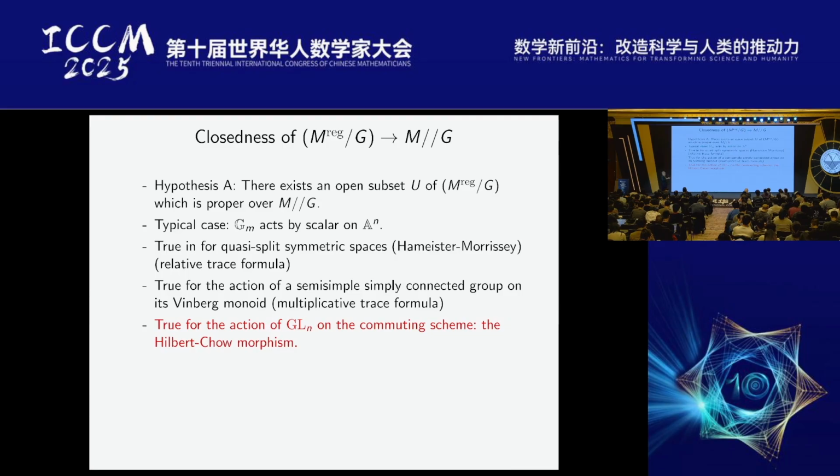The regular quotient is something you don't know, some kind of smooth algebraic stack, but it contains the Hilbert scheme as an open subset. And now we have this Hilbert to Chow map, which is a proper map, a resolution of singularity of the Chow map.